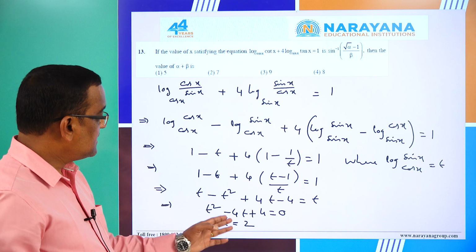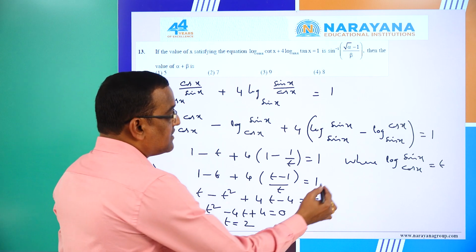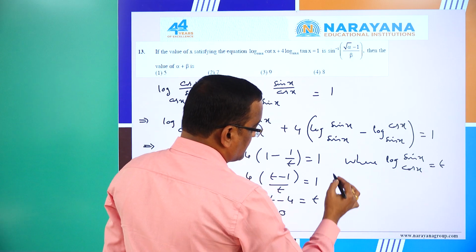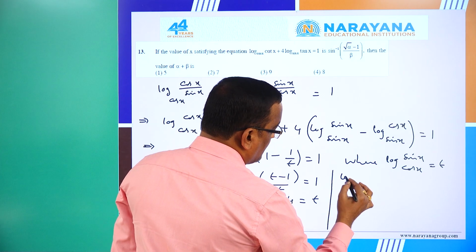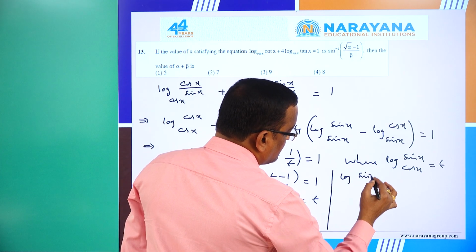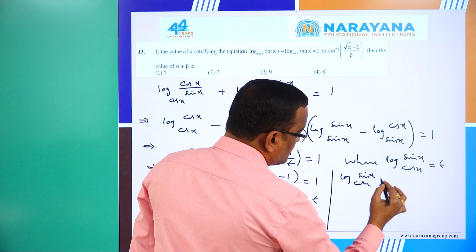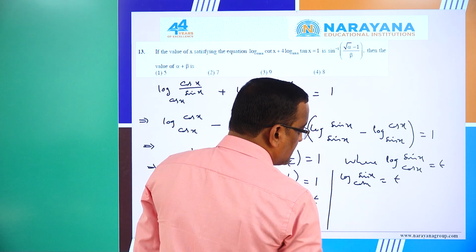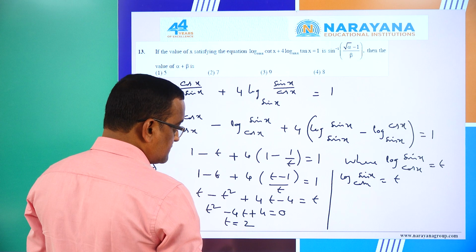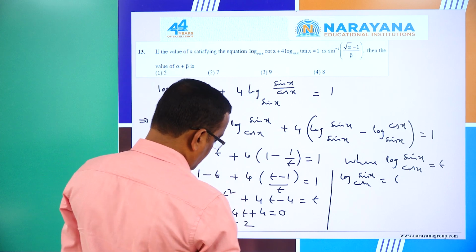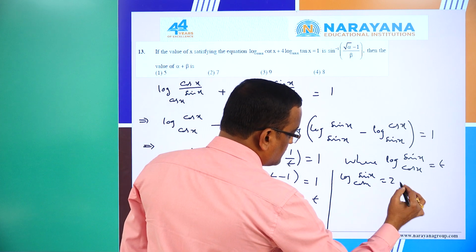And what is t? Log of sin x to the base cos x. So log of sin x to base cos x is equal to t, and t is nothing but 2. That's why this is 2.